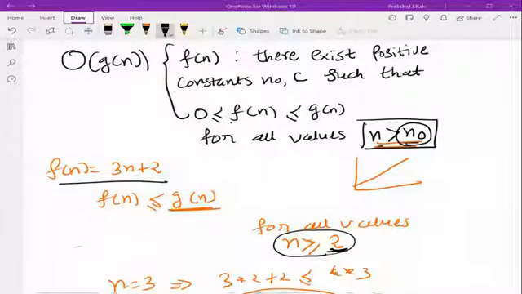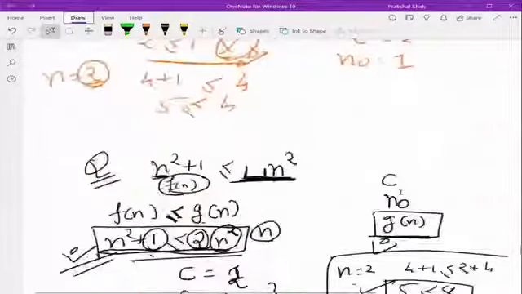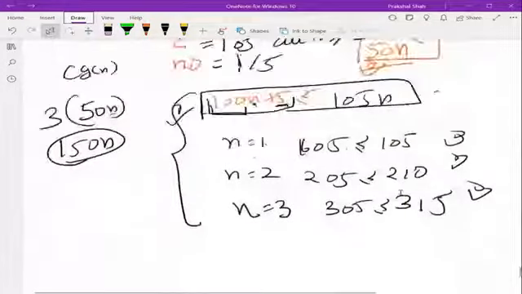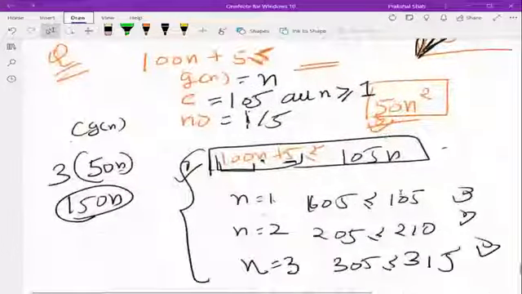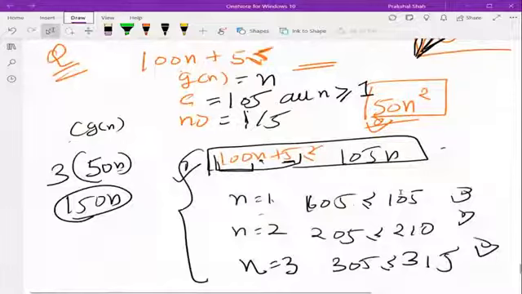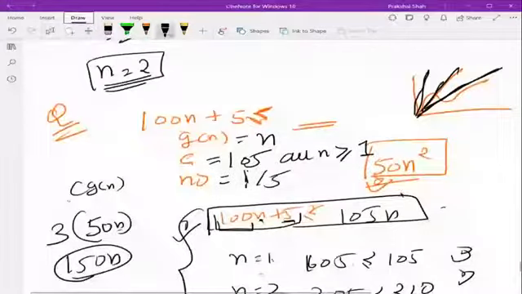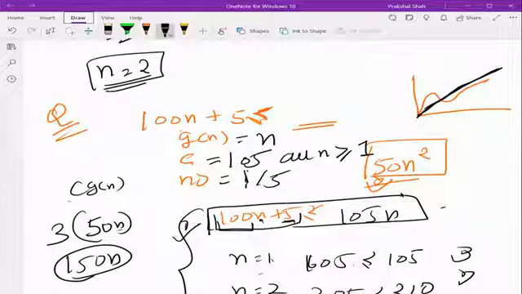So if you see here, after which value is it following the case? Basically we are finding at which intersection it is following this graph. What do you feel, it will be 1 or 5?